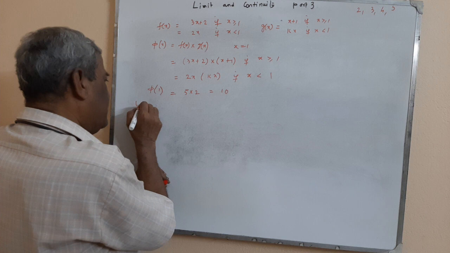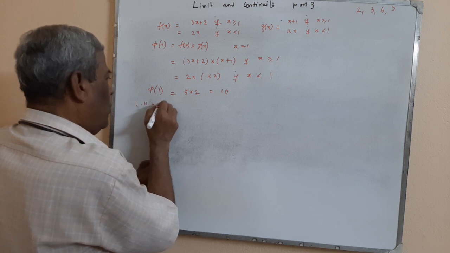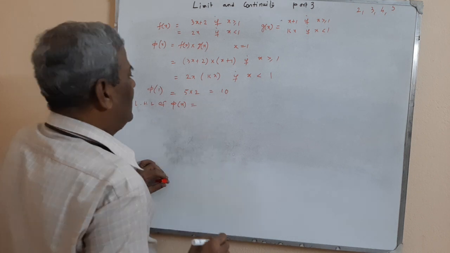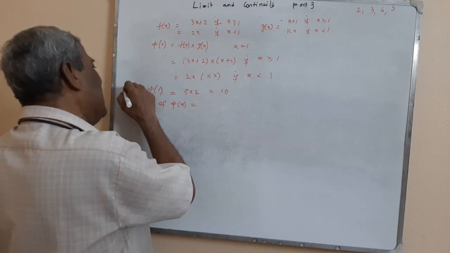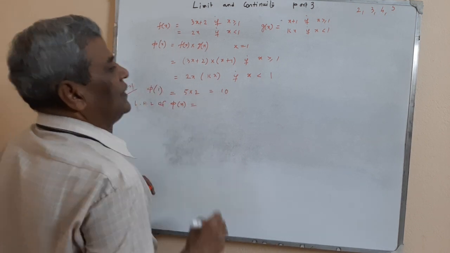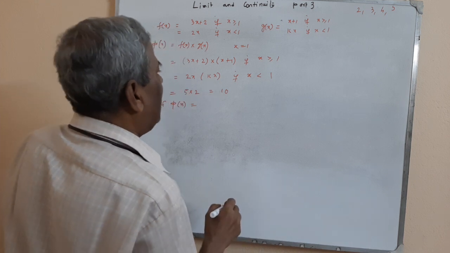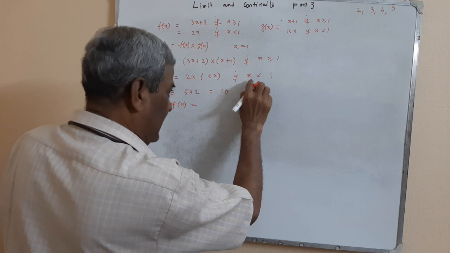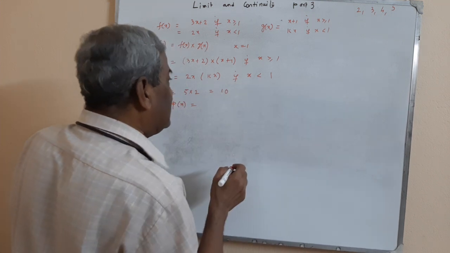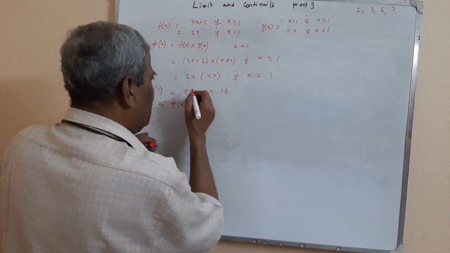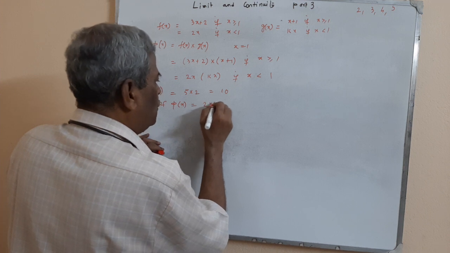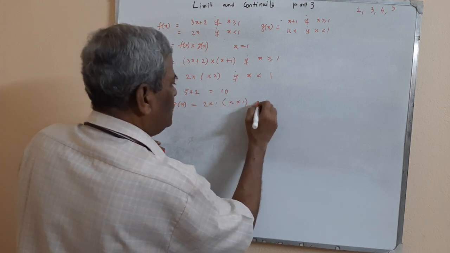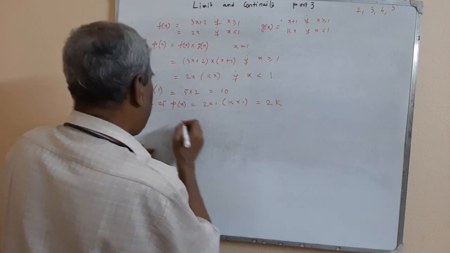Left hand limit of phi(x), obviously at x equal to 1. Now the left hand limit can be obtained from here, where it is defined for x less than 1, so it is equal to 2 into 1 into k into 1, that is 2k.